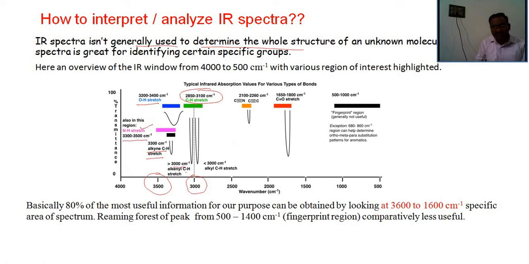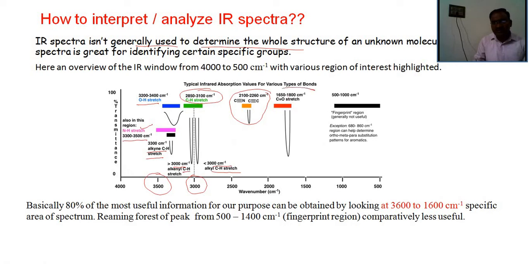Around 3000 is alkynyl C-H stretching, and less than 3000 is alkyl C-H stretching. In the region 2100 to 2260 per centimeter, we get carbon-nitrogen and carbon-carbon triple bonds.